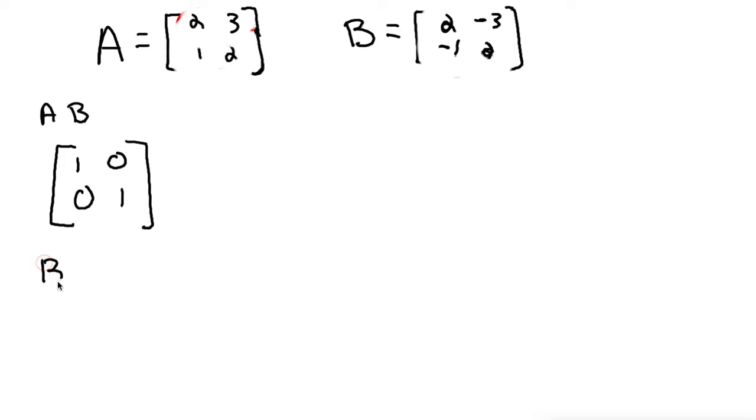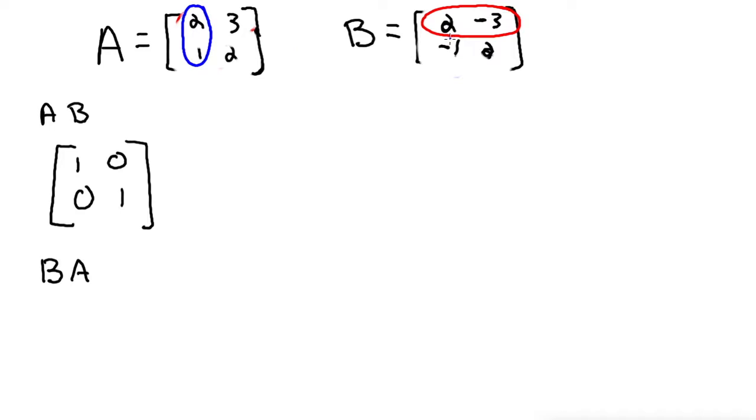B times A. Now the first matrix that we have, we're going to circle that one left to right. So now this one we'll circle left to right like that, and we'll circle this one up and down like that. This is the row times the column.